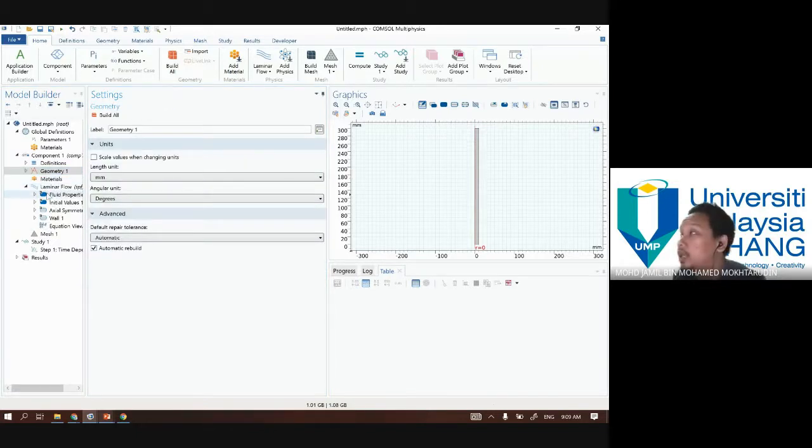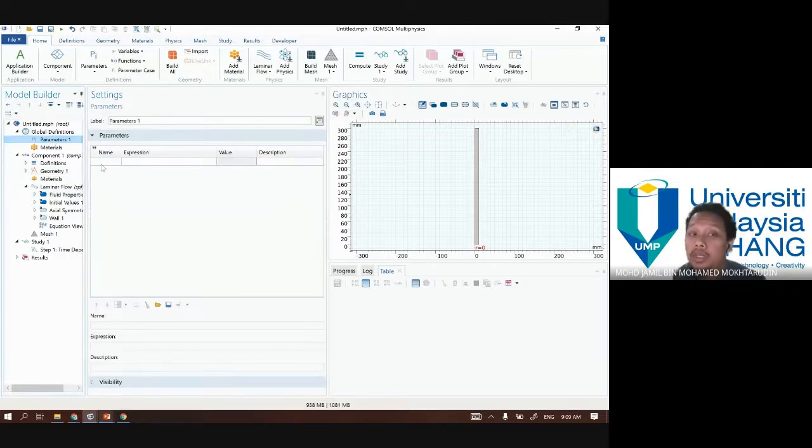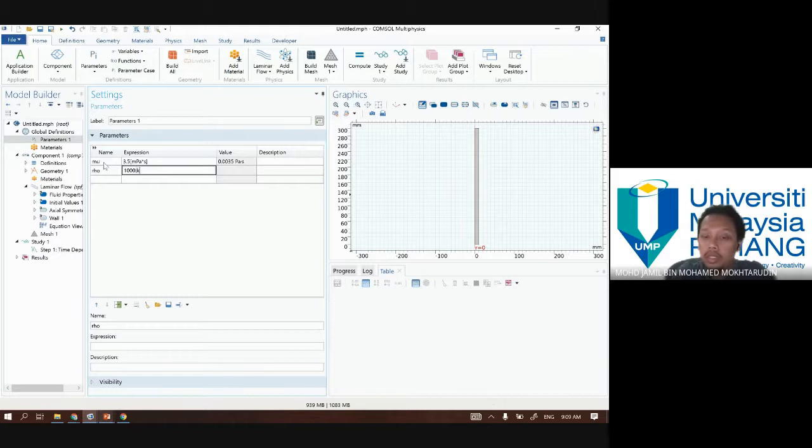So we can define the parameters. Here in parameter 1, you can define the parameters given in the question. For example, viscosity is 3.5 millipascal times second. And then the density, 1000 kilogram per meter cube.